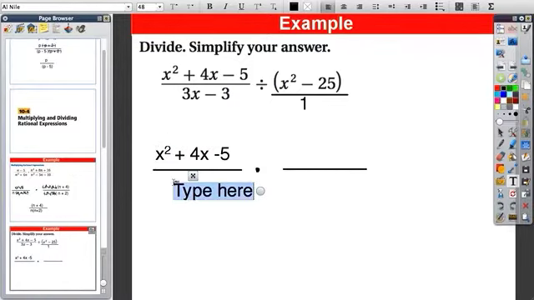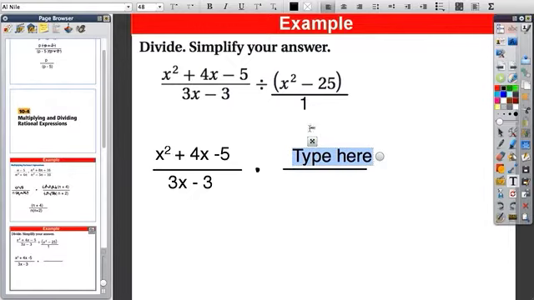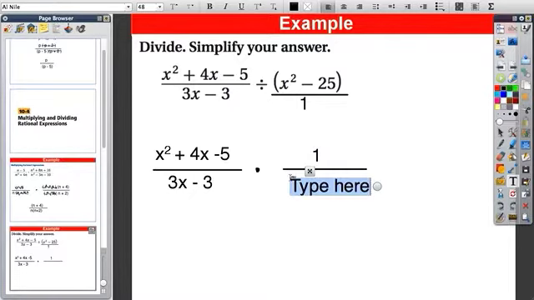And then on the bottom I have 3x minus 3, and then here, remember I flipped the second fraction, so I'm going to have the 1 here on top, and then on the bottom I'm going to have x squared plus, actually it's minus 25.